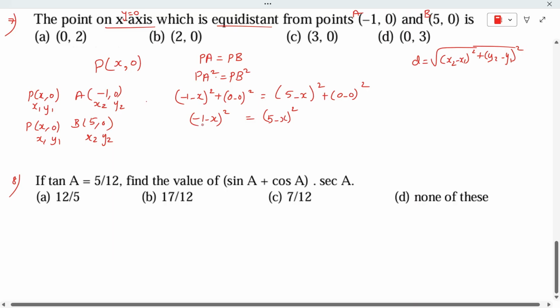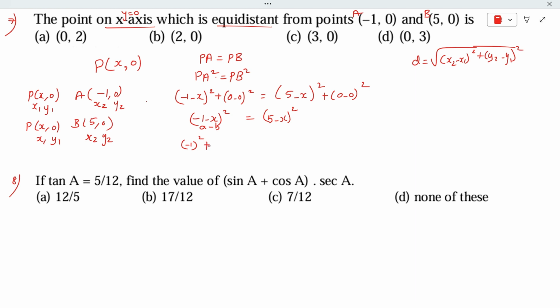So expand it. a minus b the whole square is a square plus b square minus 2ab. Here a is minus 1, b is x, and on the other side it is 5 square plus x square minus 10x. Cancel x square on both sides.